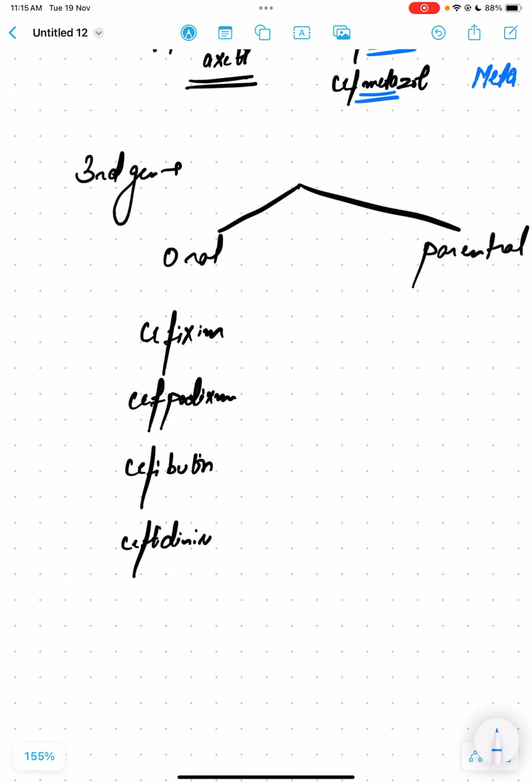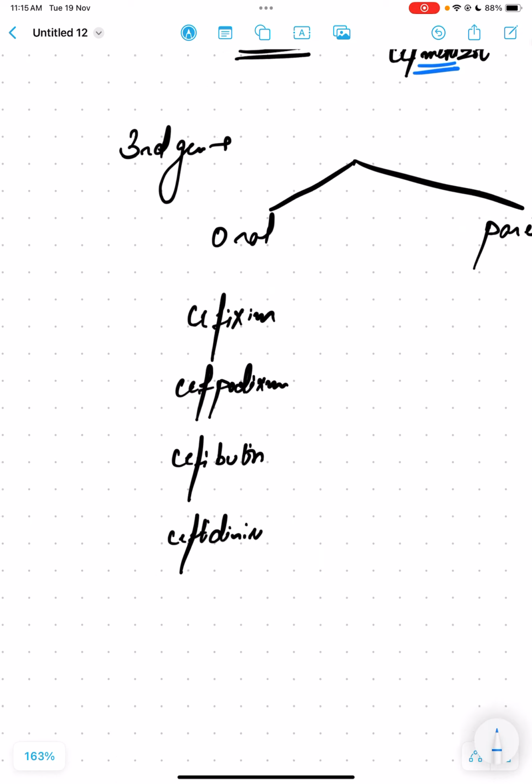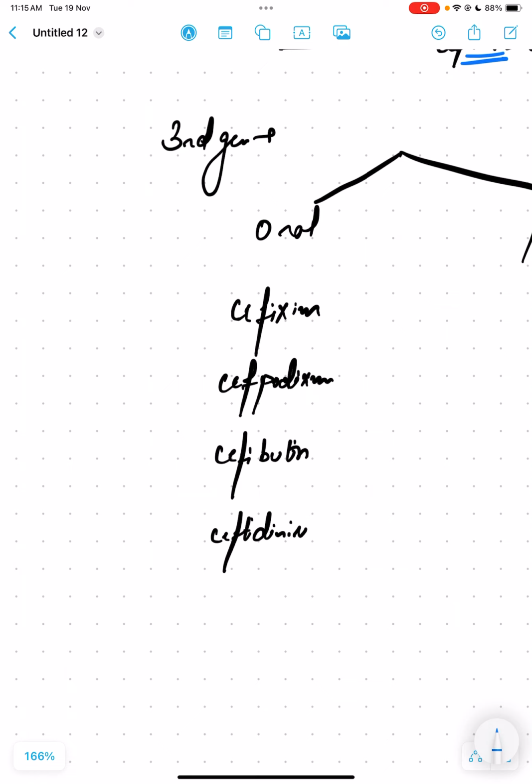I also believe that it is very difficult to remember, so you can remember with the mnemonic that it involves "zim", "butane" and "dinner".